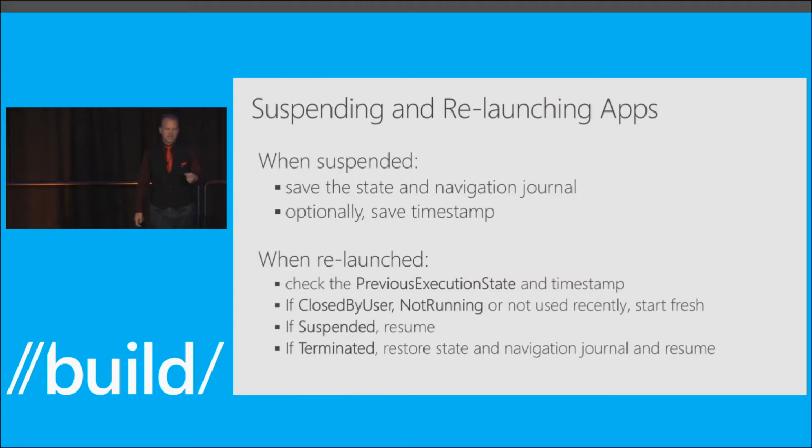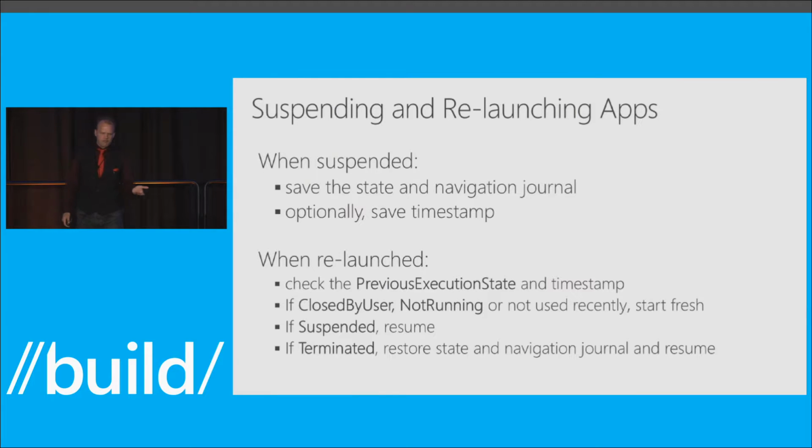So when suspended, the navigation journal we talked about, save that, save state, and the optional timestamp. Make sure you have this, because otherwise the user might never be able to return to that fresh instance of your application unless they go into the task switcher, manually close it, or restart the phone.